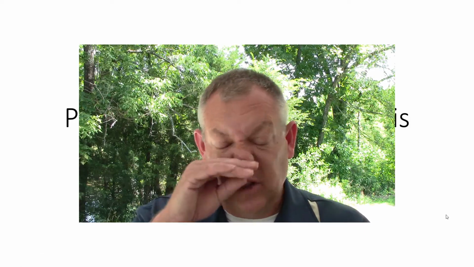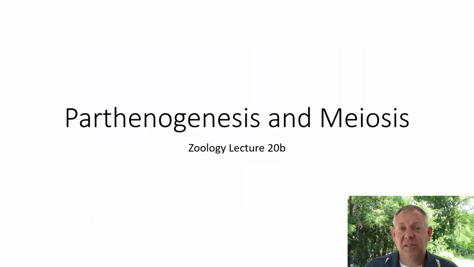Okay, so I got a brief presentation here, just because I want to help tie a few subjects together that we've been talking about, and specifically talk about parthenogenesis and meiosis.